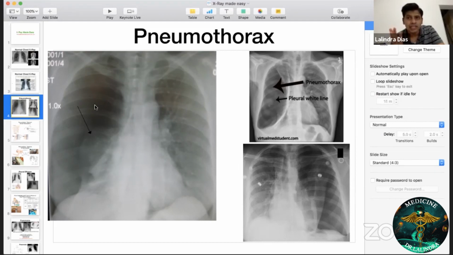How do you get pneumothorax? It's a medical emergency. Number one, trauma. If you have a stab injury, road traffic accident, blast injuries, crush injuries, you can get rib fractures. Once the ribs are fractured, you can have gas leaking into your pleural space. That's traumatic pneumothorax. Then you also get pneumothorax in various medical conditions. COPD, bronchial asthma. You can get a ruptured bulla, and due to the ruptured bulla, air can leak into the pleural space, and you can get pneumothorax.